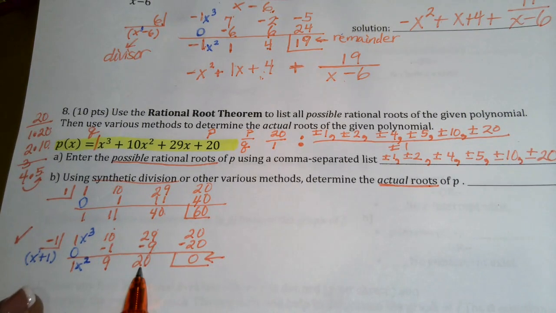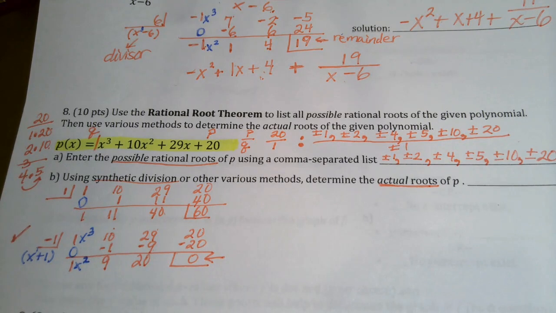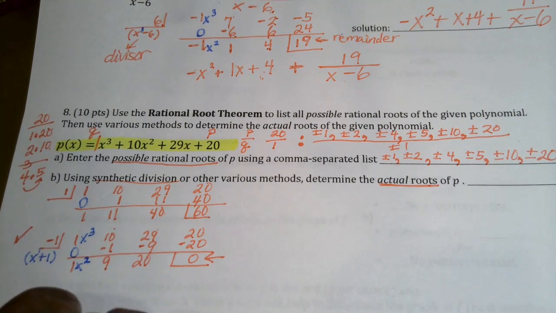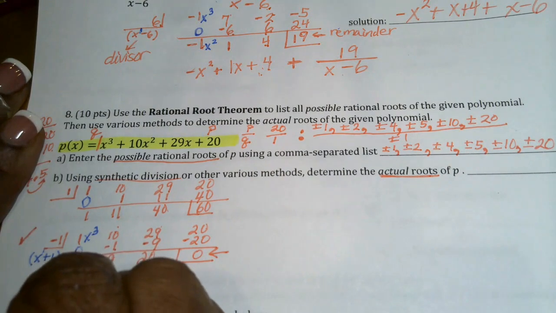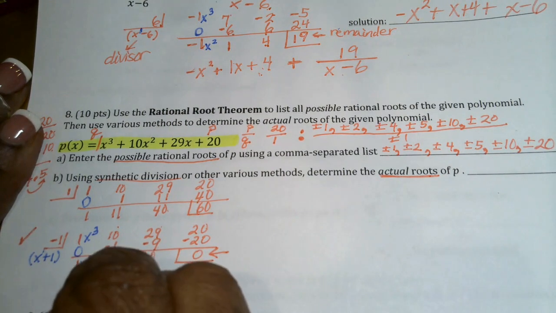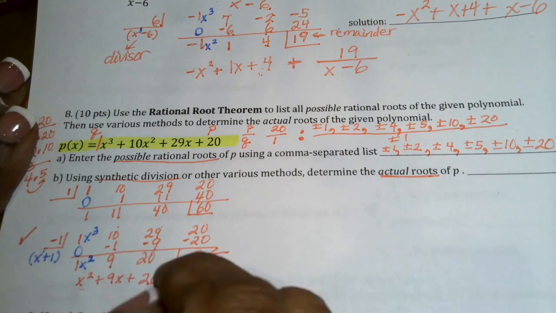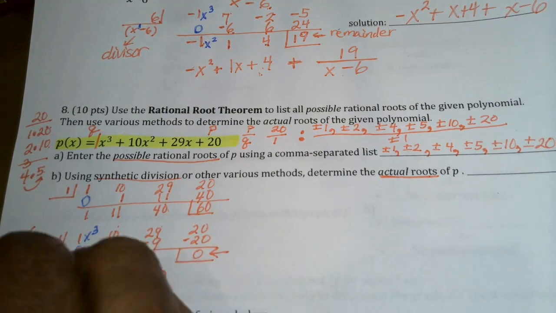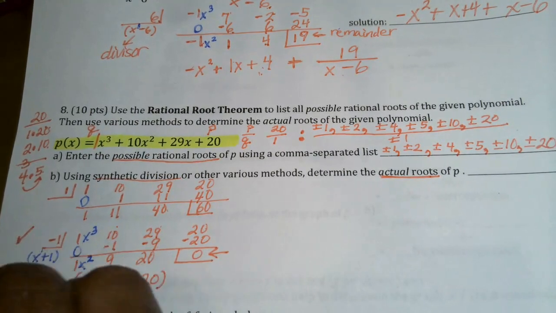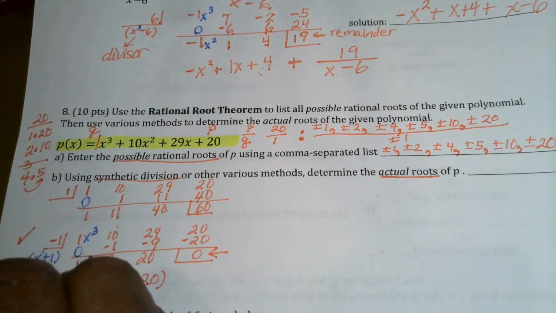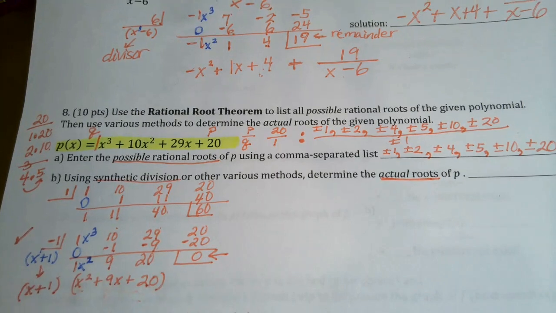So this trinomial, we're going to check to see if we can factor. So let's reveal that polynomial first. x squared plus 9x plus 20. And we make sure we bring down the factor that we found.